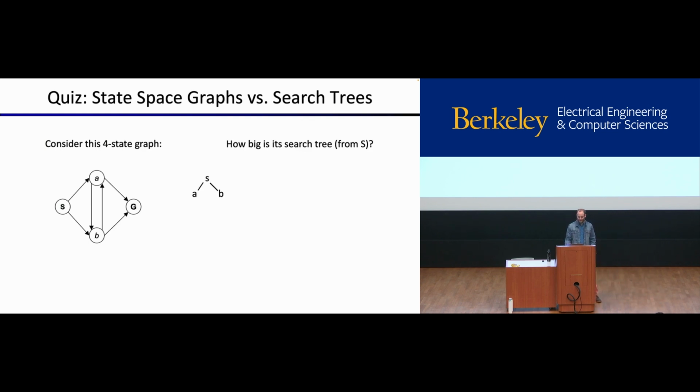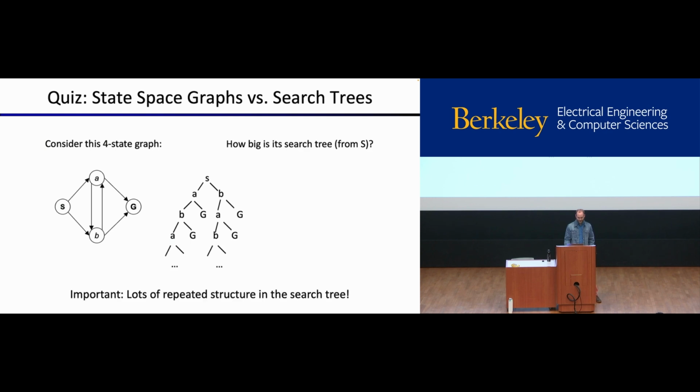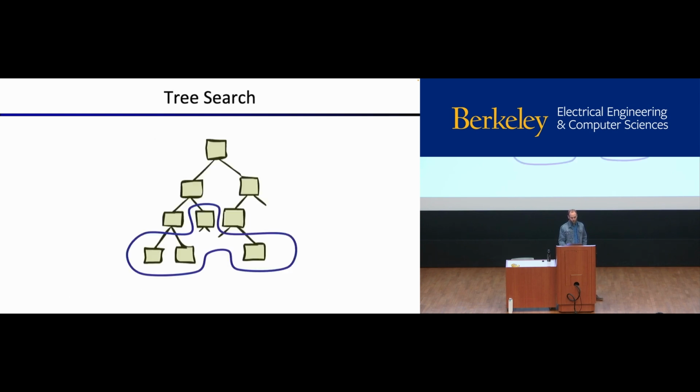So let's start expanding it. We have S, then the children are A and B, then the children are B and G, then A and G. Keep expanding. These A's and B's, they'll never end. There's lots of repeated structure here. So, right, it's infinite.